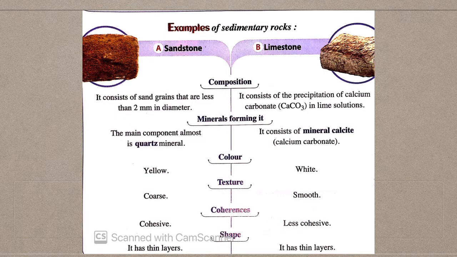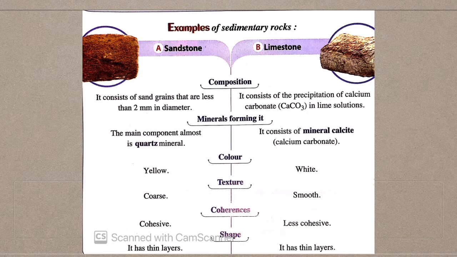Limestone consists of precipitation of calcium carbonate in lime solution, and it consists of the mineral calcite, calcium carbonate. The color of limestone is white, the texture is smooth, it is less cohesive, and it has thin layers.